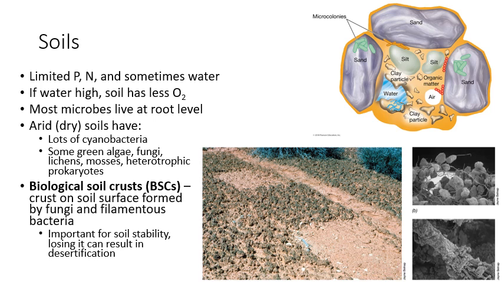So phosphorus and nitrogen are the most common components that you would add to the soil in a fertilizer. A lot of soils will have limited water, especially in dry areas, of course. Soil usually has a good amount of oxygen in it, though.